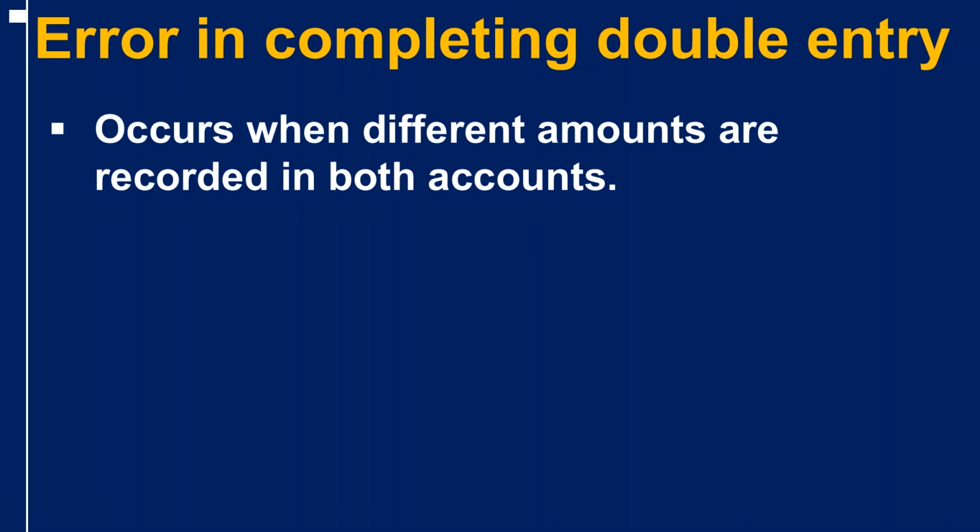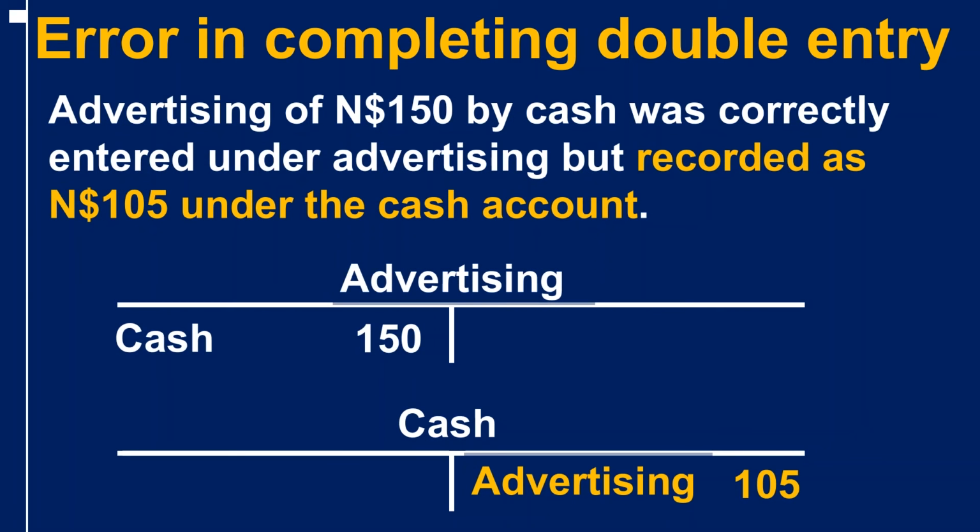In other words, this error also occurs when different amounts are recorded in both accounts, meaning the debit amount is different from the credit amount. For example, advertising of 150 Namibian dollars by cash was correctly entered under advertising but recorded as 105 Namibian dollars under the cash account.